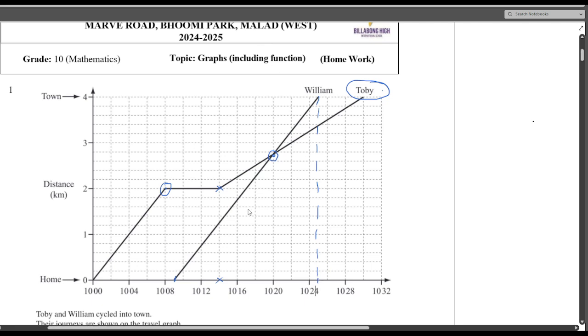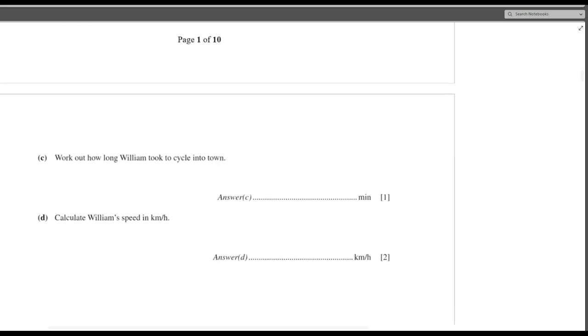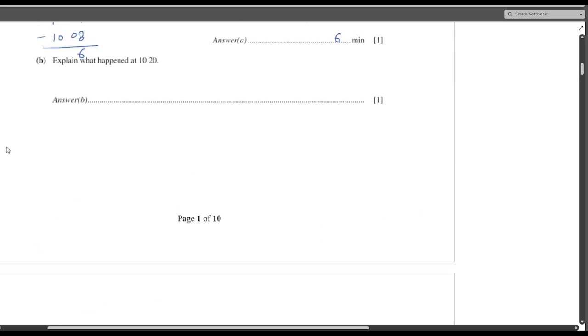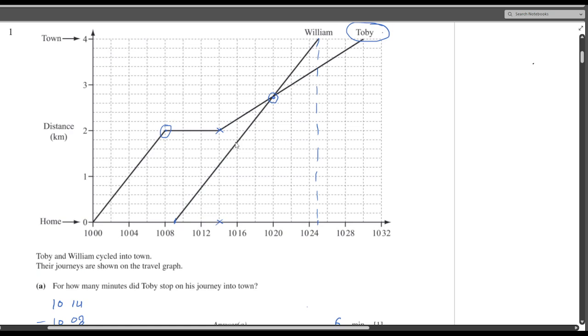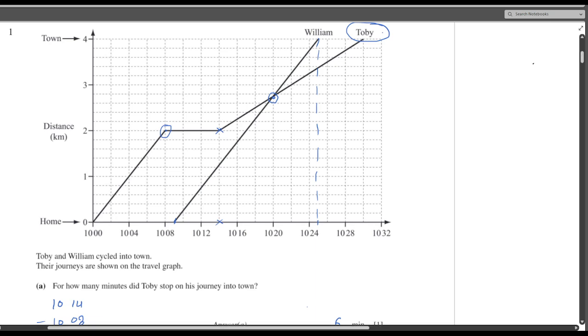So 10:25 minus 10:09, the answer is 16. So William took 16 minutes to cycle into town. Okay, simple, right? I hope there is no confusion, no doubt. It is clear from this graph that William is starting at 10:09 and finishing at around 10:24.